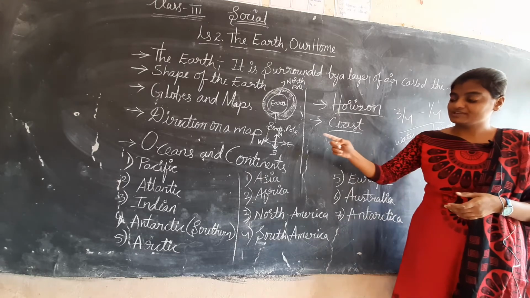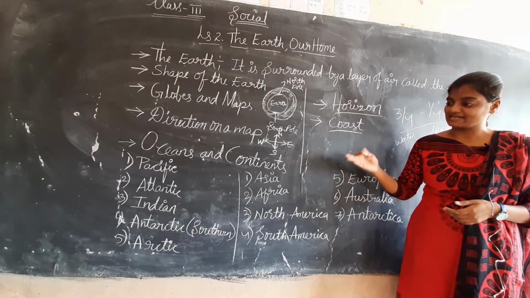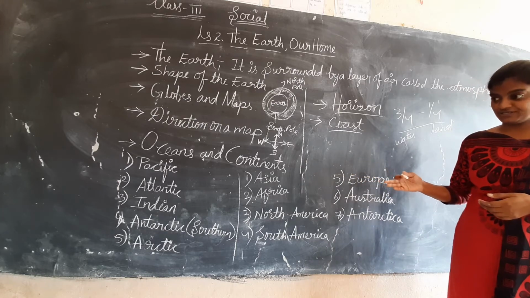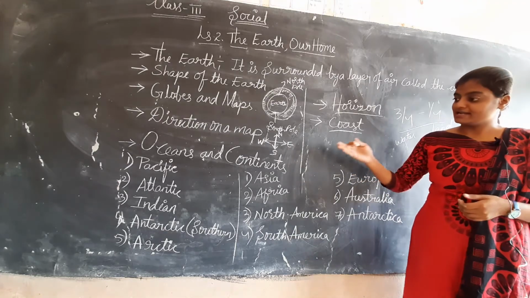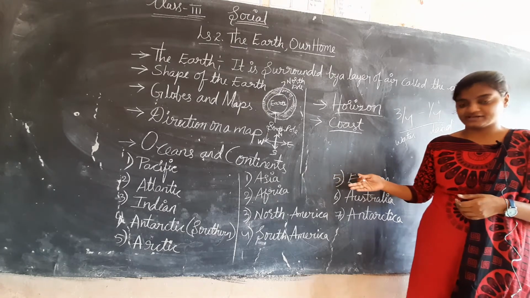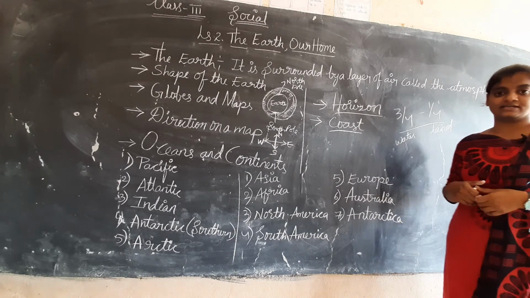We have 5 oceans, that is Pacific, Atlantic, Indian, Antarctic or Southern, and Arctic Ocean, and 7 continents, that is Asia, Africa, North America, South America, Europe, Australia, Antarctica.